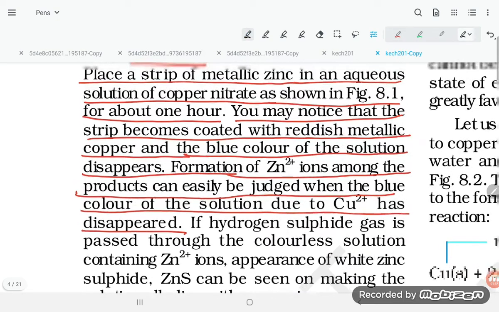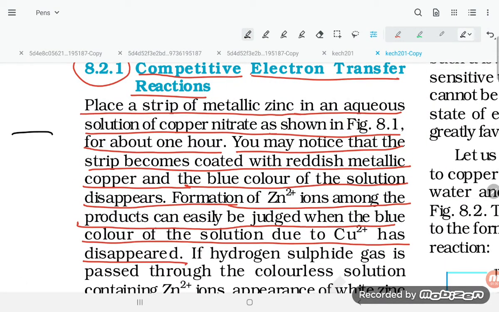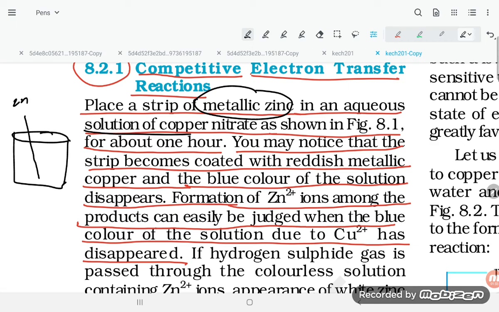Here you see, they are saying we have the container, student, and we place a strip of metallic zinc, Zn, in an aqueous solution of copper nitrate.